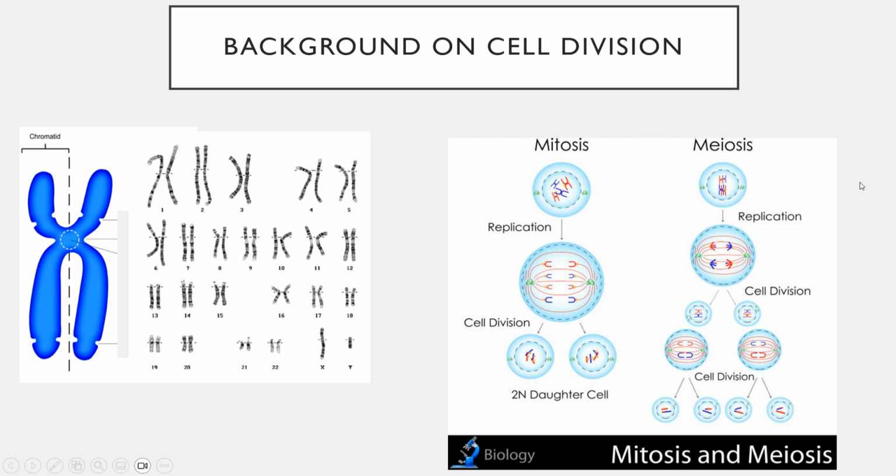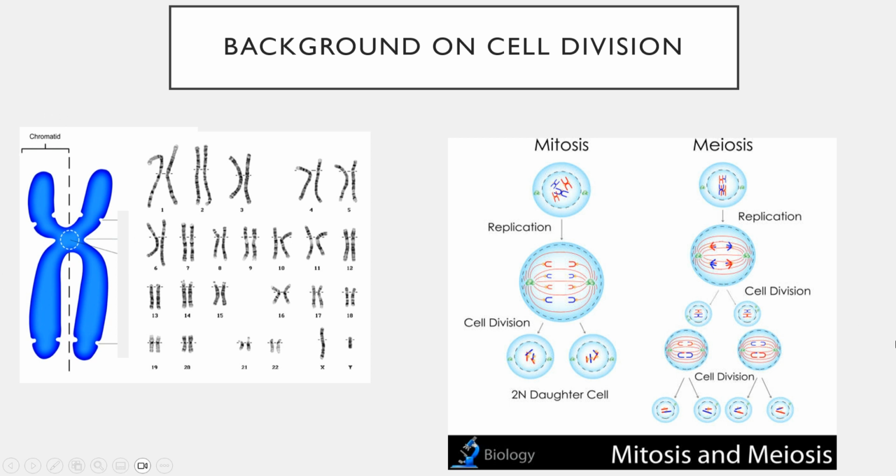Meiosis, on the other hand, is about creating genetically unique cells in order to do reproduction. So the main difference between the two is meiosis involves a second round of division. So the first cell division to separate the chromosomes, and then a second round of cell division to separate the chromatids.